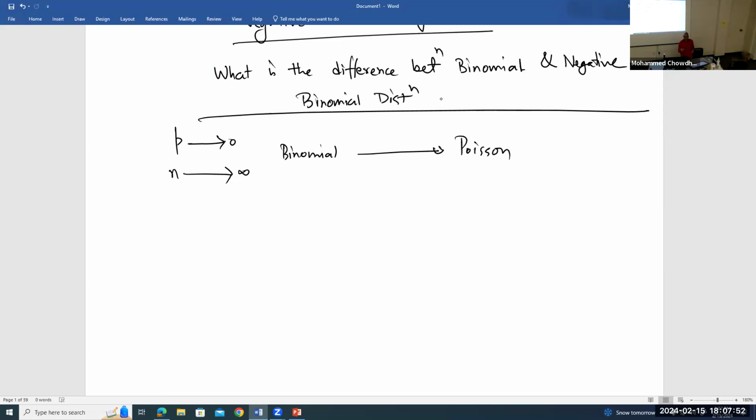How many call drops? 3, 4, 5, or 10, 15. So suppose 500 calls you receive and call drops are 15. This probability is very small, right? Under these two assumptions, when we do the mathematical operation, we end up with the Poisson distribution.